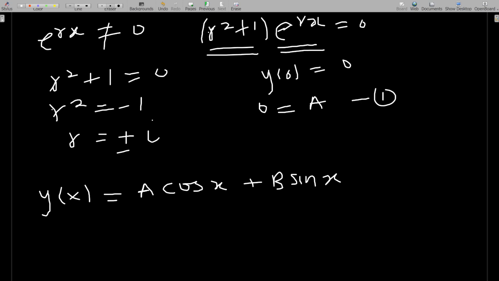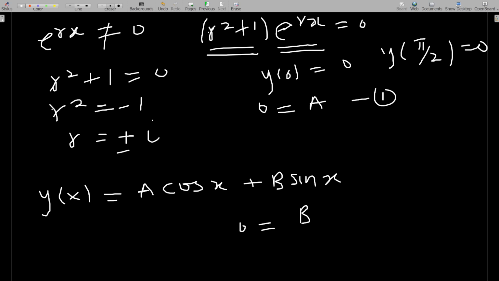So you have this as your equation 1. Okay, so we said that y of pi on 2 is also equal to 0. So wherever I see x, I put pi on 2 there. So I have 0 is equal to a cos pi on 2, and cos pi on 2 is just cos 90, that is 0, plus b sine pi on 2, and sine pi on 2 is sine of 90, which is 1.